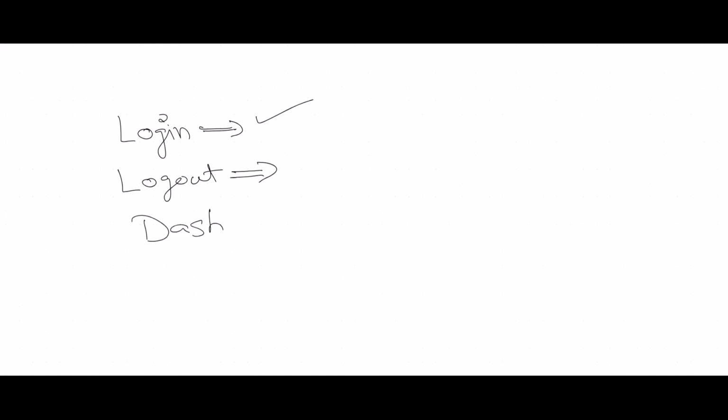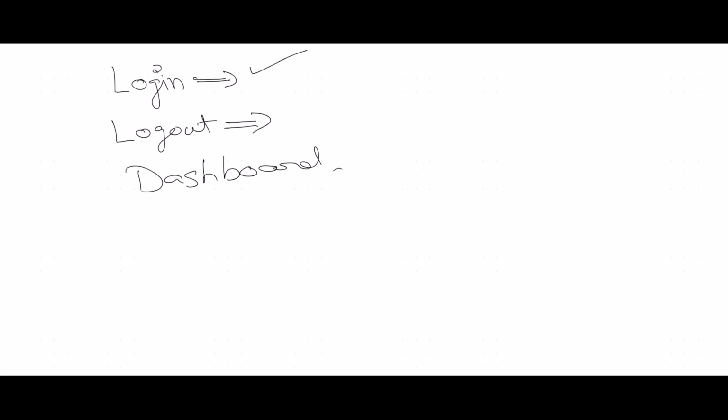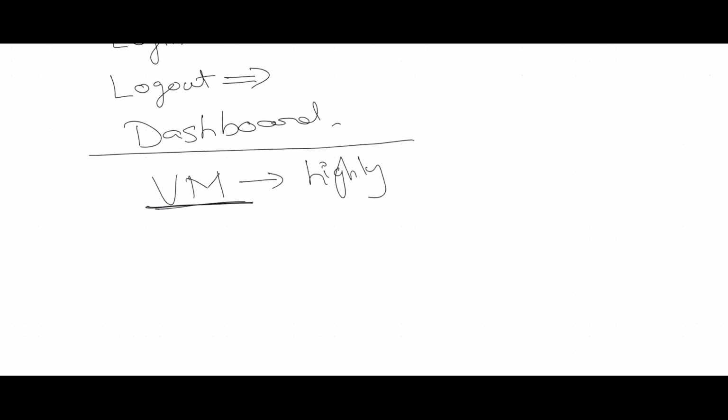Second thing next to that, after doing that login logout, we will create a VM. What will we create? VM. Okay, we will look at the high level steps of creating a VM. Today we will not go into the details. If time permits, then we will go, otherwise we will see how to create a VM.